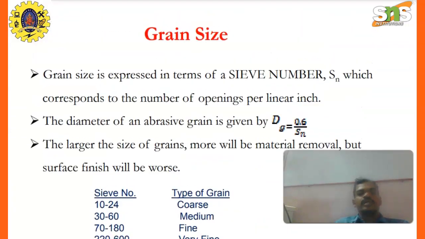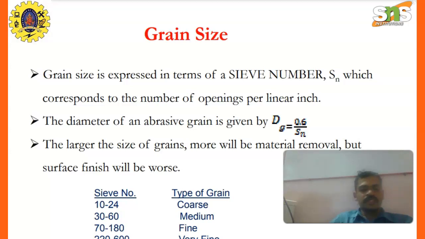Next one is grain size. The grain size is expressed in terms of sieve number Sn, which corresponds to the number of openings per linear inch. The diameter of an abrasive grain is given by dg = 0.6 divided by Sn.